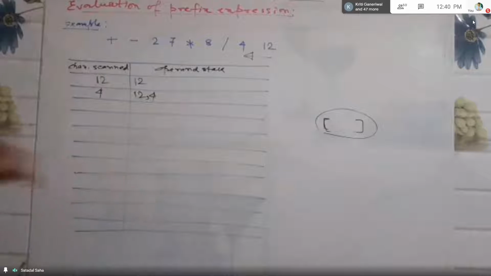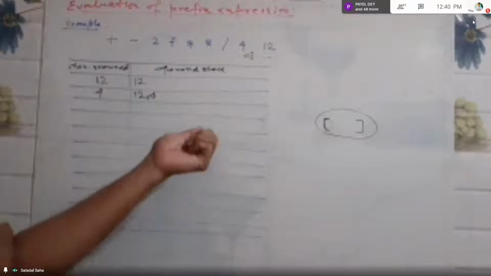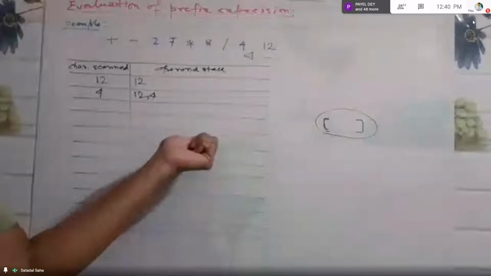The square brackets in the operand stack are only for our understanding that this part is a single operand, this part is a different operand. If you omit the square brackets, all the operands are in sequence, operator, operand, and you cannot distinguish which part is one operand and which part is a different operand.